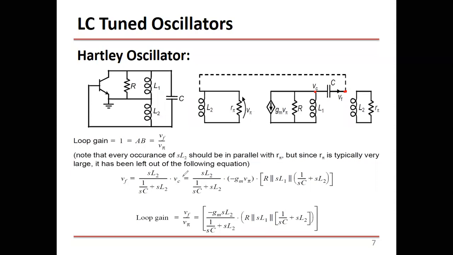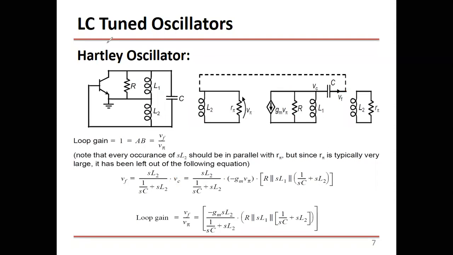Then we define VC as a function of V pi. So VC is this current times all the impedance seen by this current, which is this parallel to this in series with this. L2 is the same, we just put it here for convenience to see that this is connected here. Okay, so this will lead us to this equation.